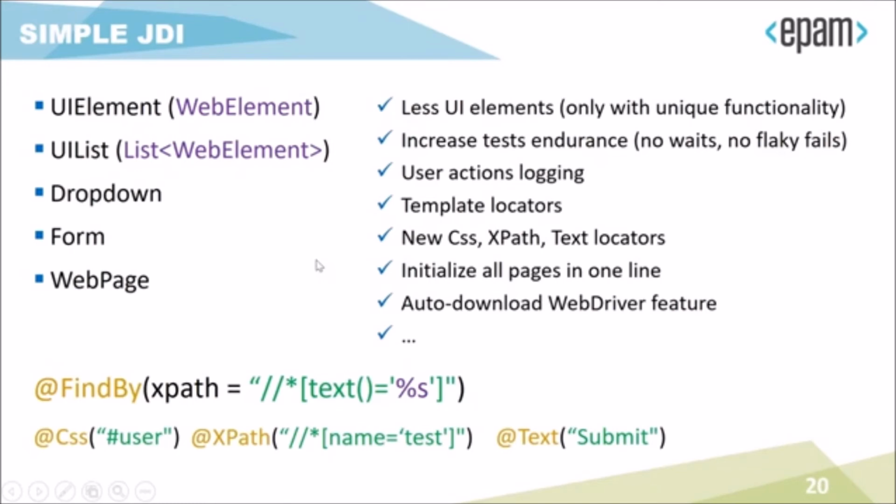Just three complex elements for now in GDI Lite. Also, you can use standard locators for your elements, or you can use our locators like CSS, XPath, or text, which reduce your code in page objects.